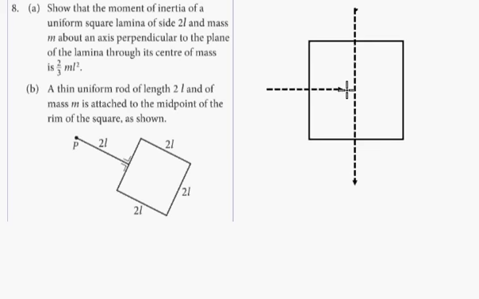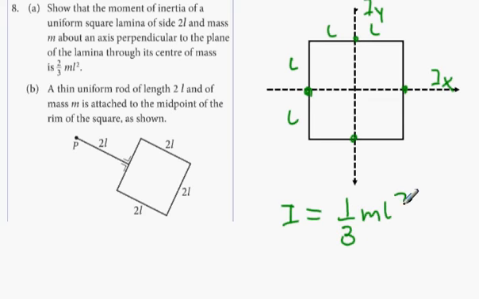When we break it up into L, L, L, and L, we have 2 different axes. We can call these IY and IX. Now the proof is that in general, if I have an axis going through the plane, parallel to the plane, it's a third ml squared. That was one of our very first proofs.